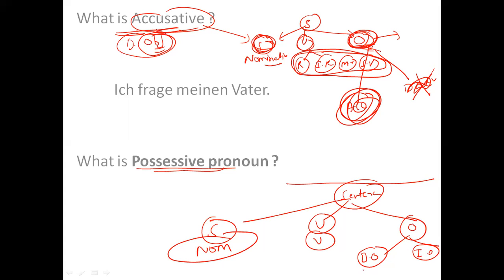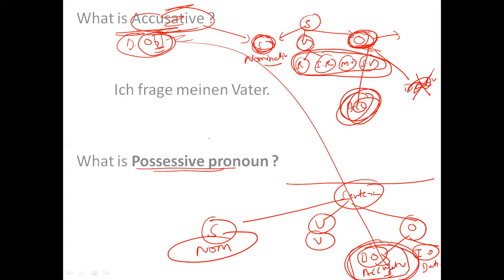If it is a direct object, it is accusative. If it is an indirect object, it will be dative. We are talking about accusative only. Accusative is a direct object.